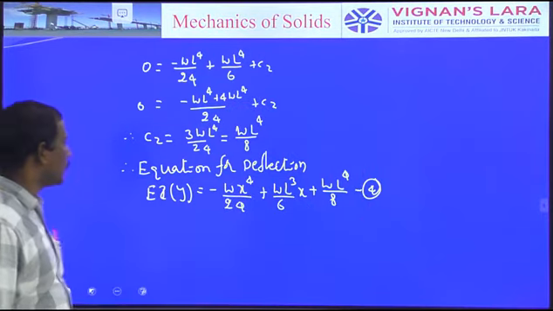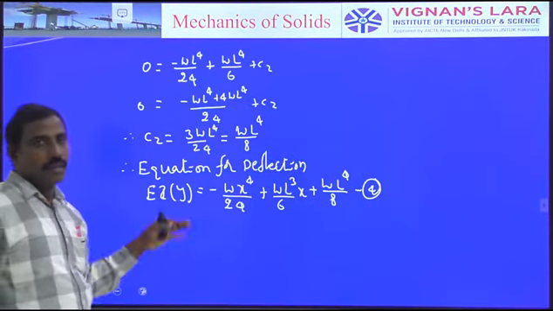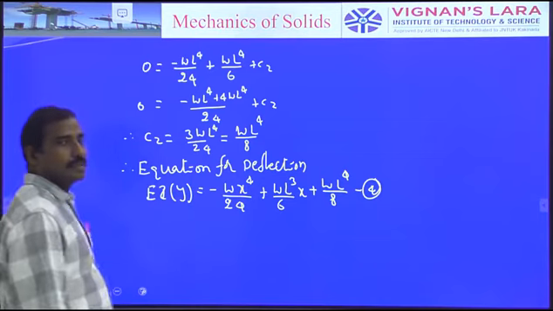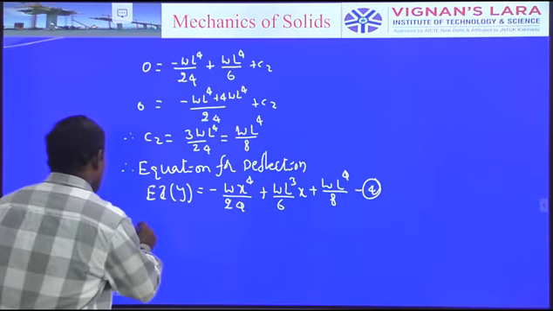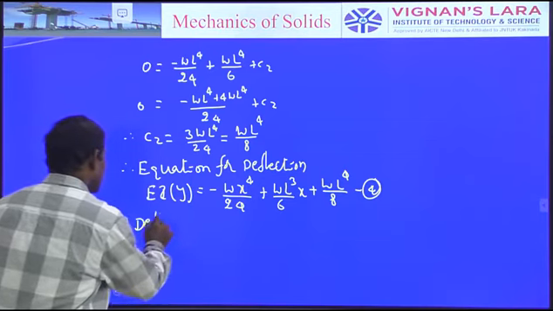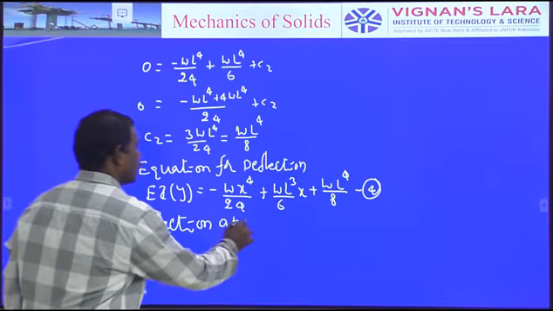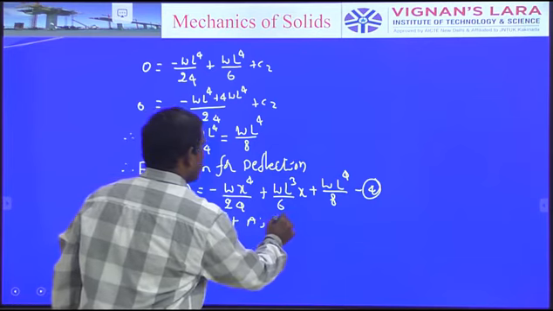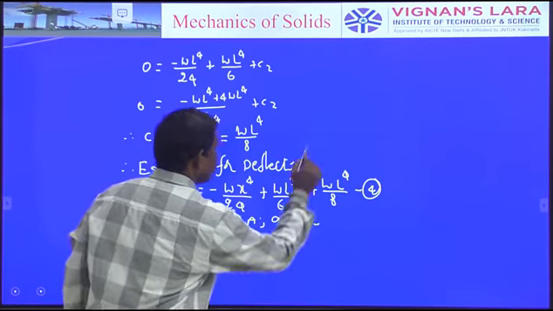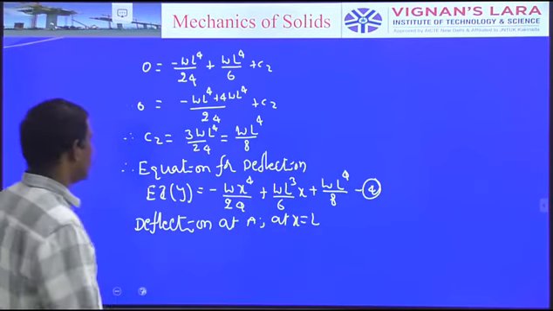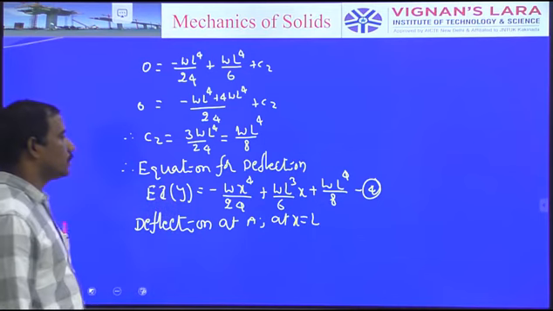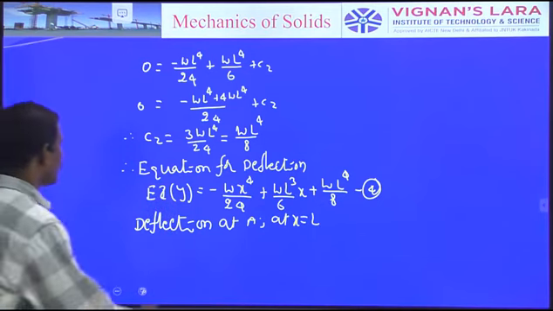Now I would like to find the deflection at a particular point, say A. Deflection at A means at x is equal to L. Substitute x is equal to L in the above equation.